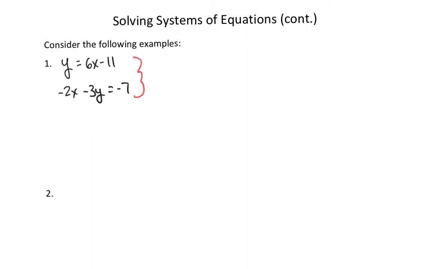And so in this particular case, what I need to identify is that I have this top equation right here that is solved for a variable. This top equation is solved for y, and that indicates to me that we are going to use substitution in order to solve this. By using substitution, I'm eventually going to replace something in the bottom equation with what y is equal to.